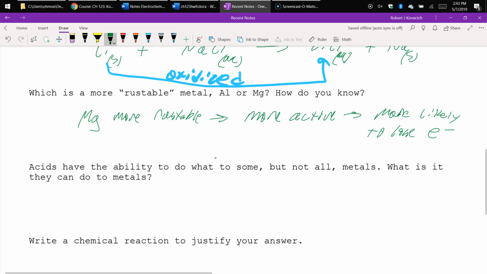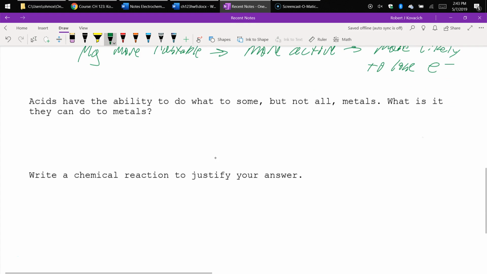Acid has the ability to do what to some, but not all the metals? What is it they do to the metals? What do we got? Okay. What happens to the hydrogen?